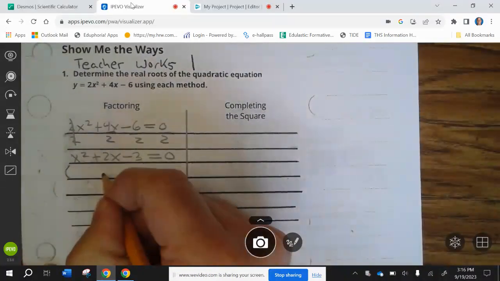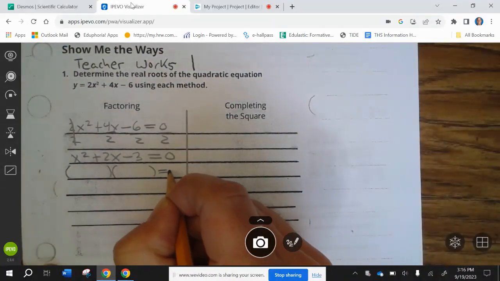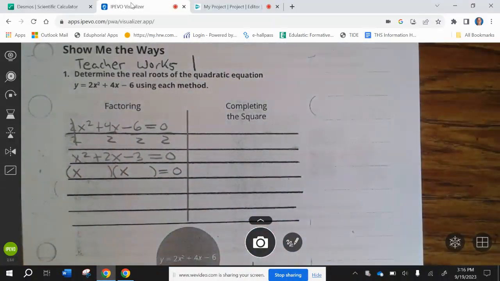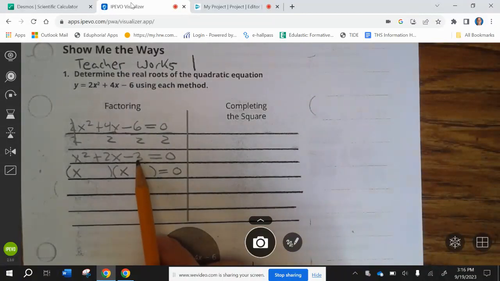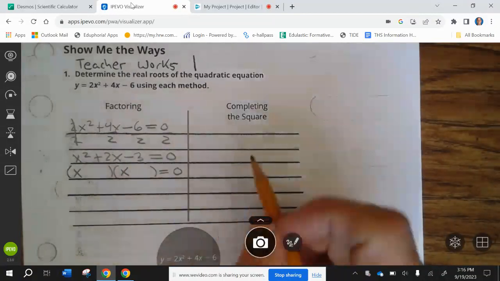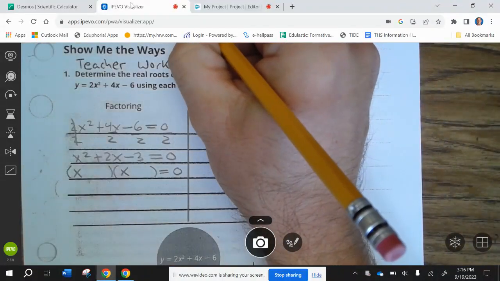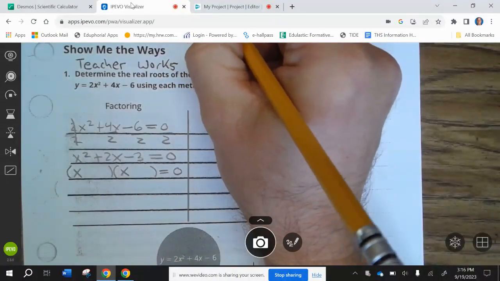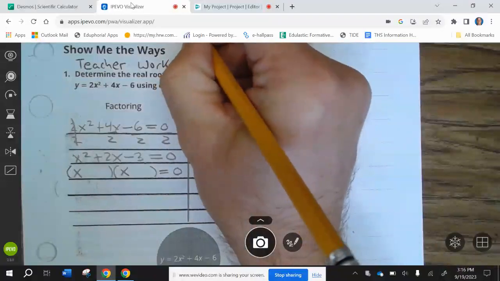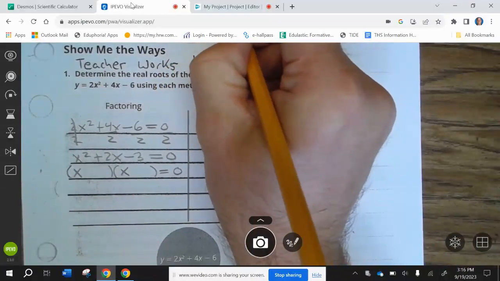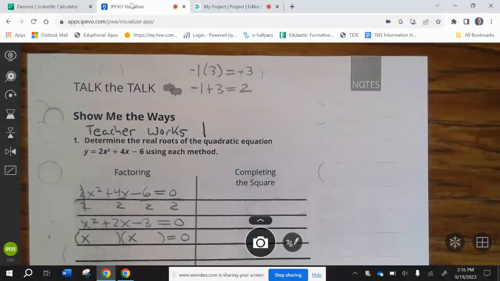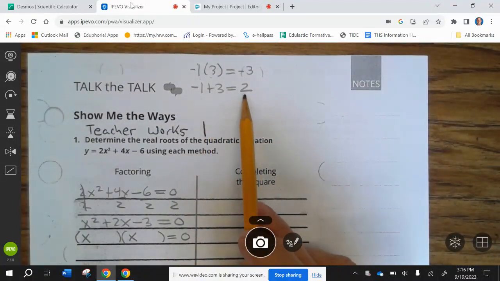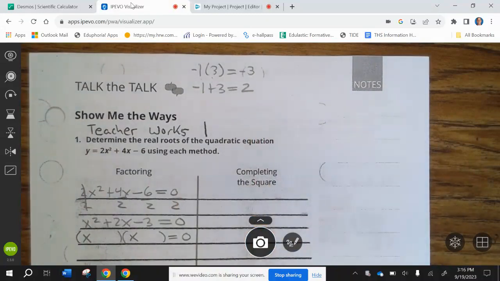Now at this point, two parentheses equals 0. x and x makes x squared. Now figure out what numbers multiply to give you negative 3 and combine to be 2. Negative 1 times 3 is negative 3, and negative 1 plus 3 is 2.